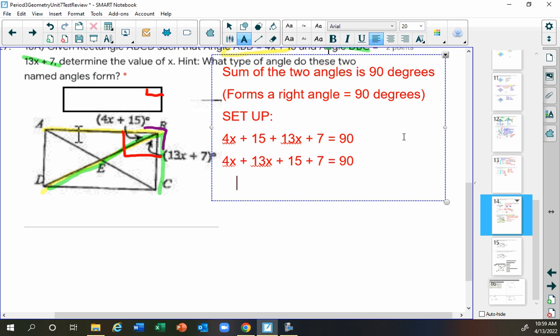So then what's 4x plus 13x? What's 4 plus 13? Your calculators. That's your calculator, right, Valerie? Is that your calculator? Try again.